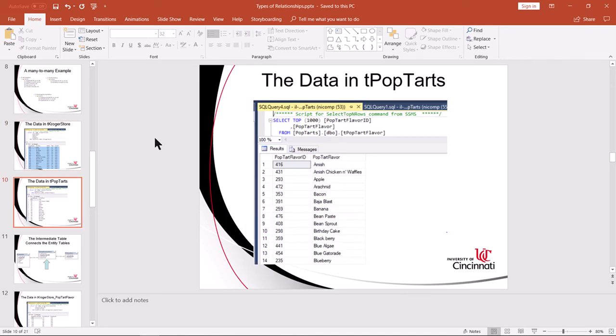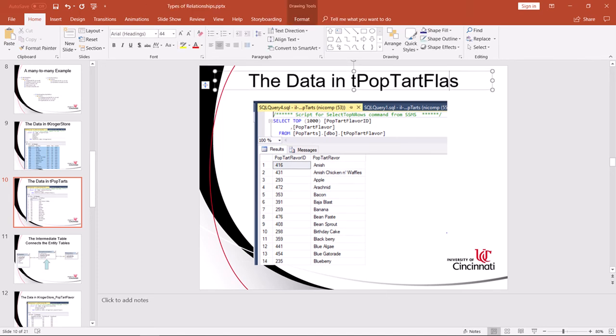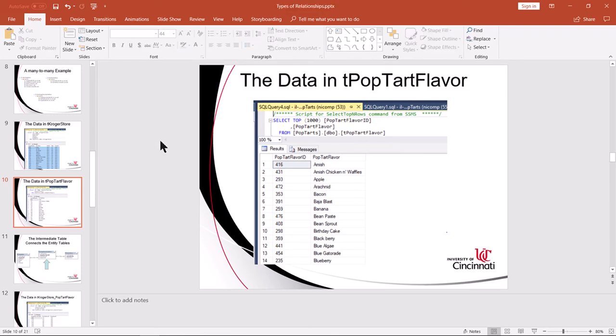And then here's the Pop-Tart flavor table actually. In this table we see that each Pop-Tart flavor has its own unique primary key, its own unique flavor, and again there is nothing in here defining what flavors are sold at what stores.